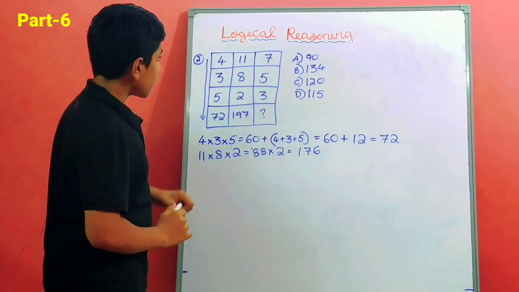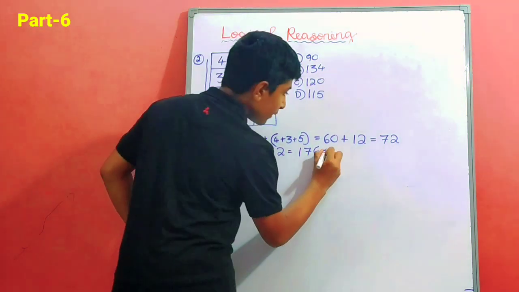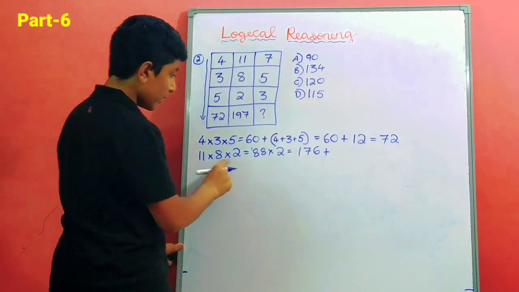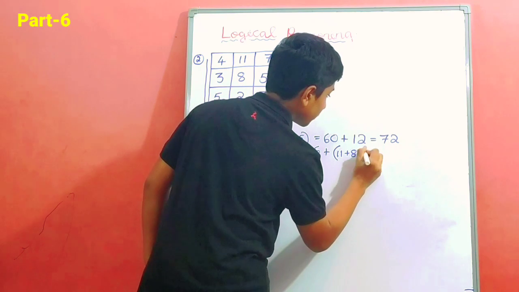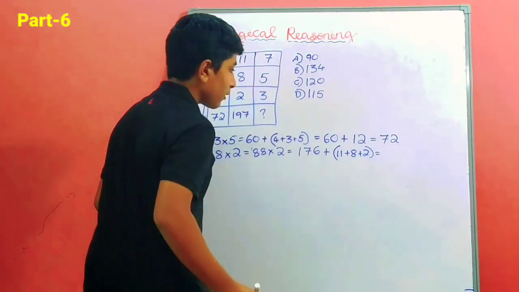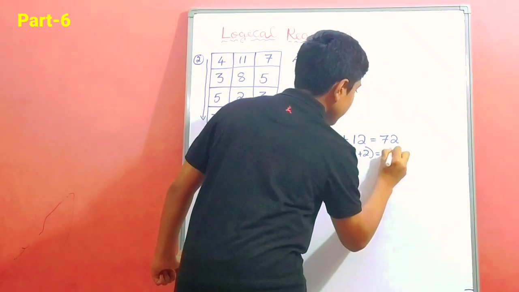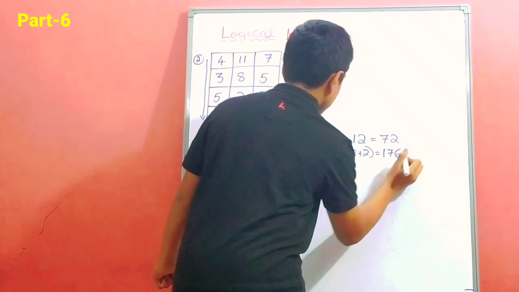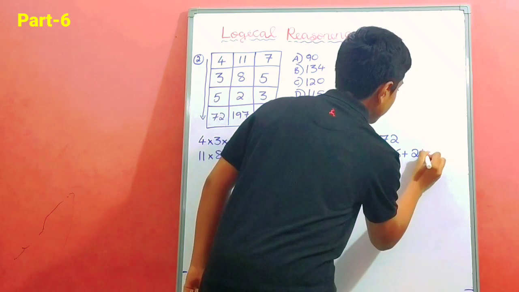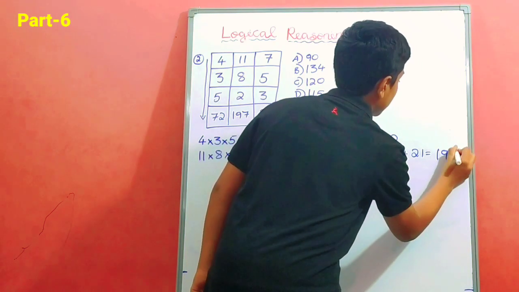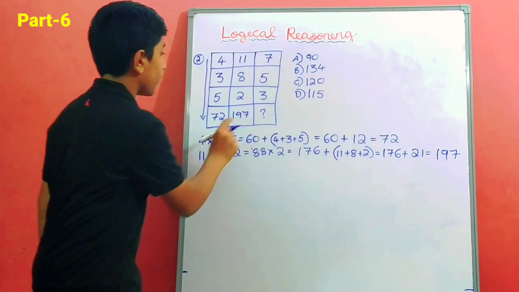We have 176 and we should add 11, 8 and 2. This gives us 176 plus 11 plus 8 plus 2, which is 21, which gives us 197, which we have here.